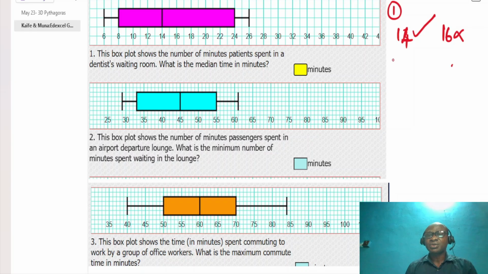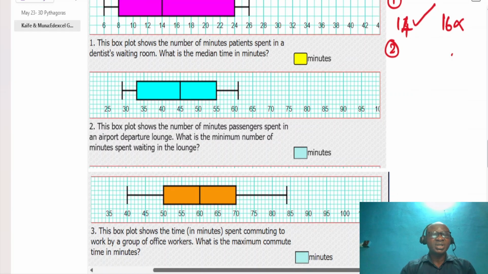Number two. Taife, give me your answer first. The question is asking the minimum number of minutes spent waiting in the lounge.